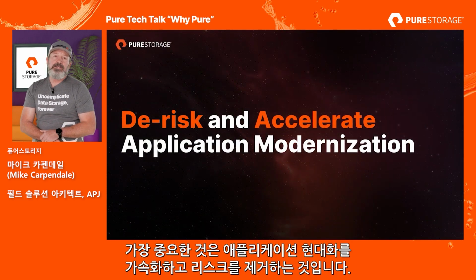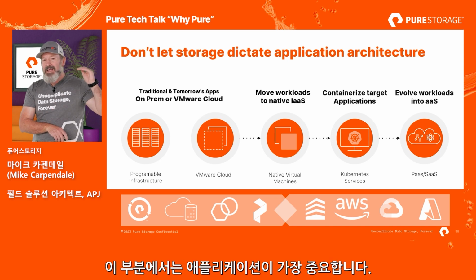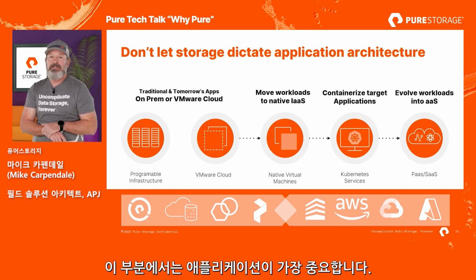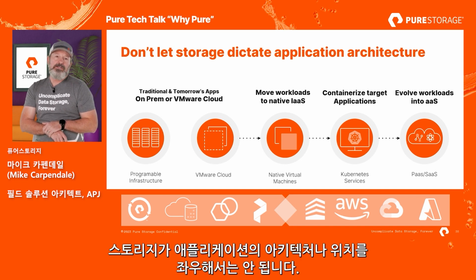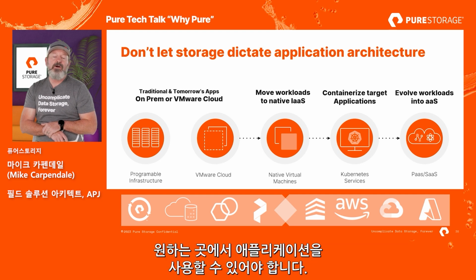And all of this is about de-risking and accelerating your application modernization. And as much as I think infrastructure is cool, the application is really king when it comes to this. And so we don't want to let the storage dictate my application architecture or where my application can be placed. This is about being able to place my application in my traditional on-premise environment or perhaps the VMware cloud environment.